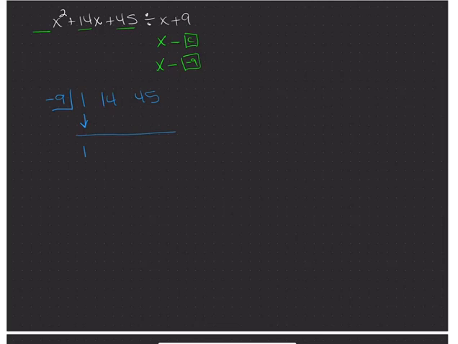Now I'm going to do negative 9 times 1, which is what? -9. Yep. I'm going to add those together, and I get 5.